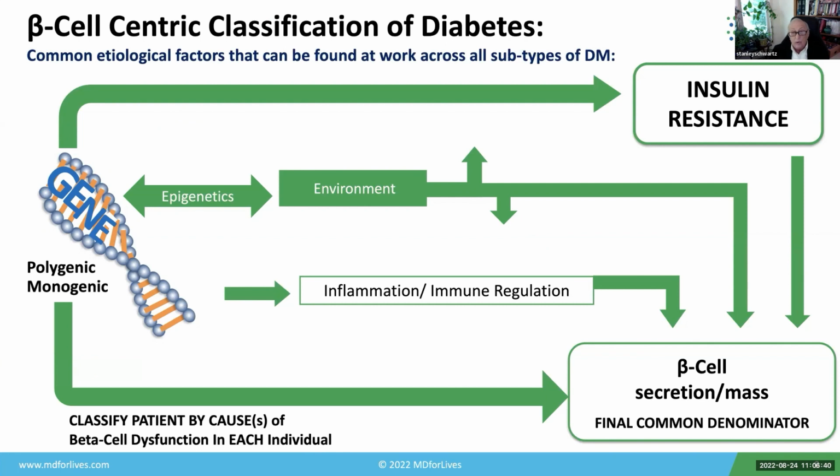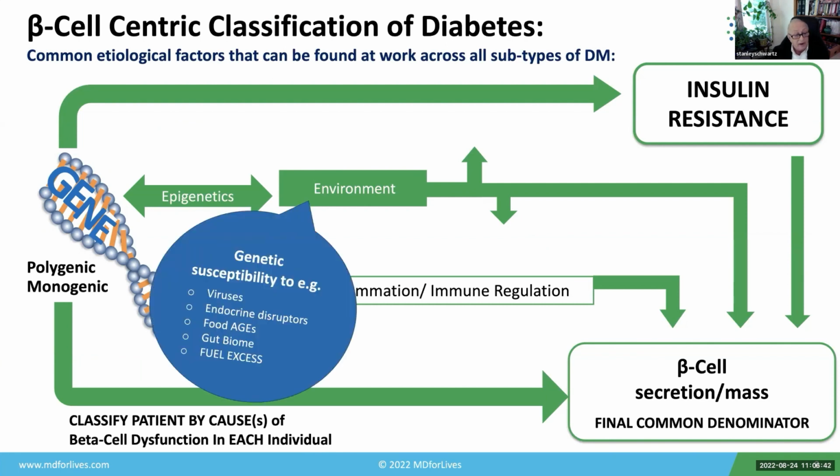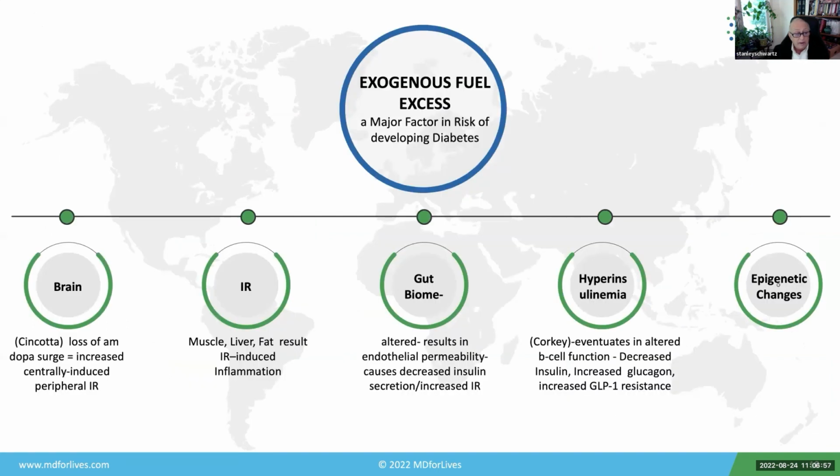Then we can talk about the environment. Environmental issues include the fuel excess story, but also the gut biome, advanced glycosylation end products in food, endocrine disruptors, and viruses. In this regard, exogenous fuel excess is a major factor in the risk of diabetes. It can affect the brain.